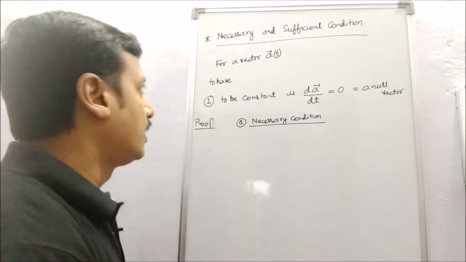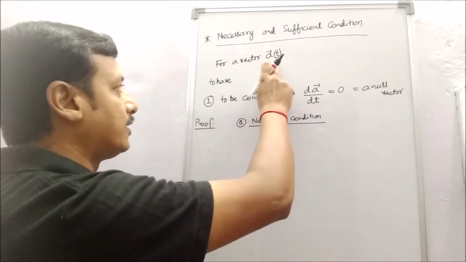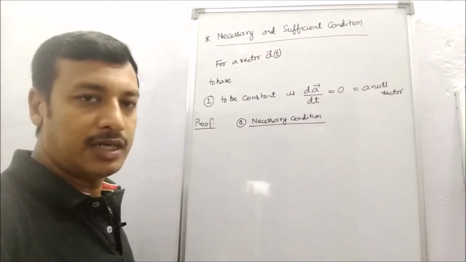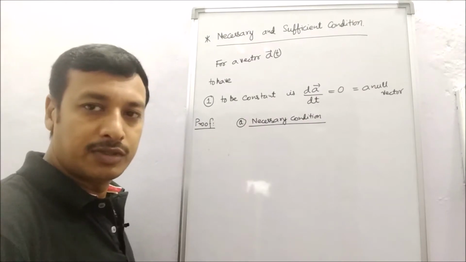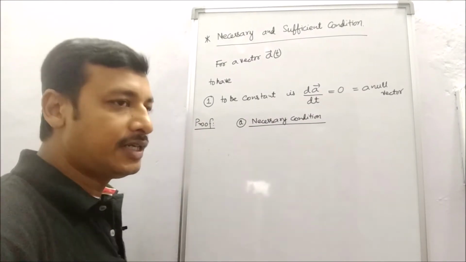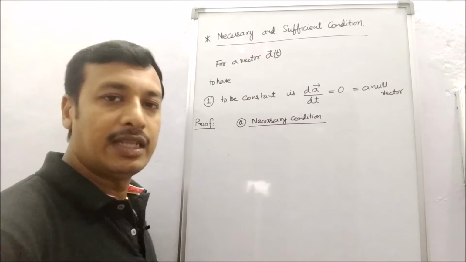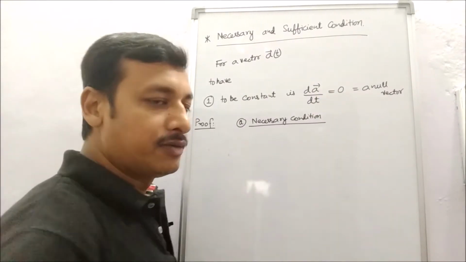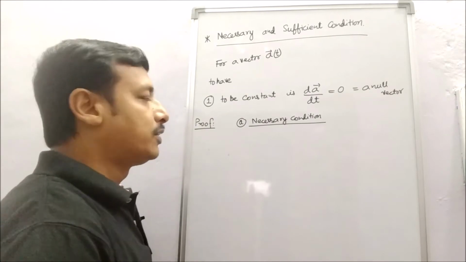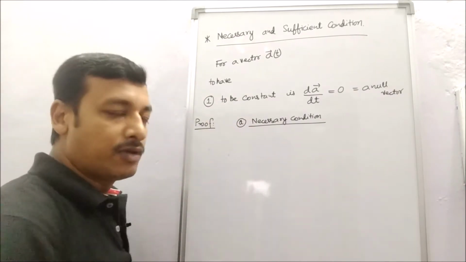That means we are given that vector A is a constant and we are going to prove dA by dt is equal to 0. And in the sufficient condition, we proceed in the reverse direction, that is dA by dt is equal to 0 is given and we are going to prove A is a constant vector.